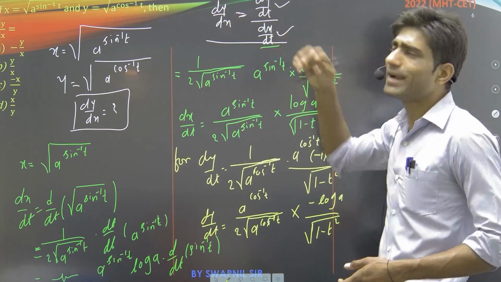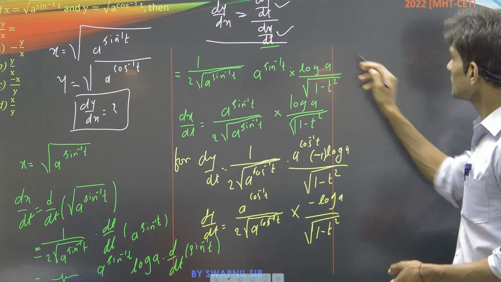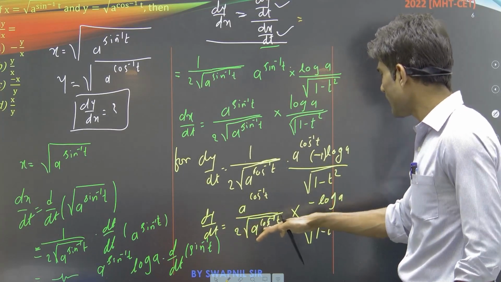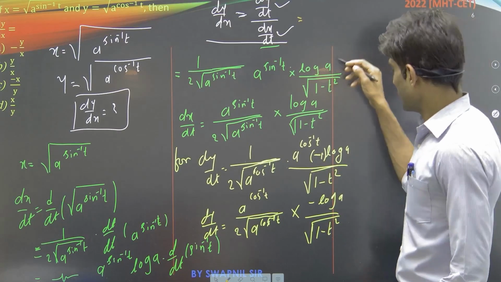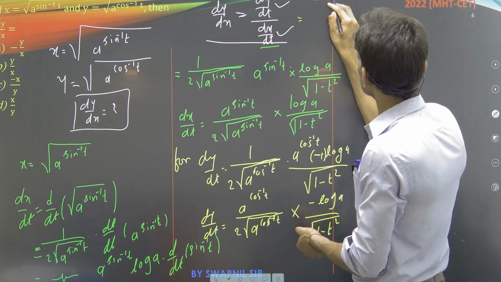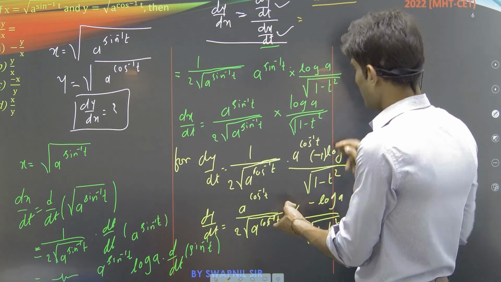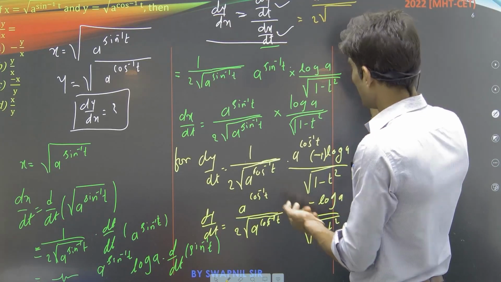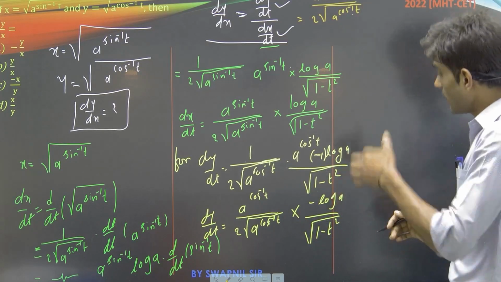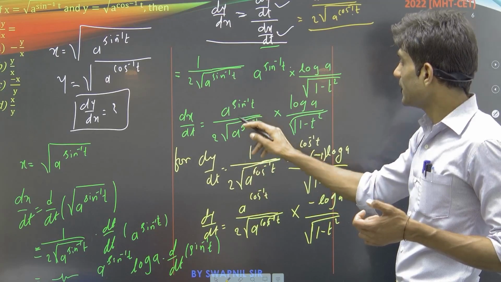Now we want dy by dx, that means dy by dt upon dx by dt. Substitute these values here. What is the value of dy by dt? It is a to the power cos inverse of t divided by 2 times square root of a to the power cos inverse of t, and this is completely divided by dx by dt.